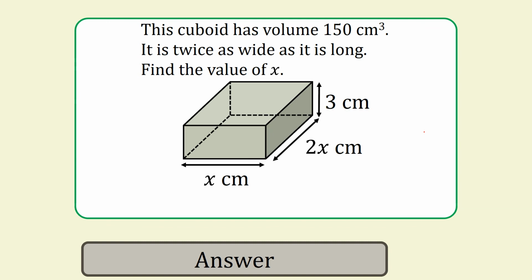So what do the two numbers on the bottom have to multiply to give you? So I've got 3 times one number that I don't know and another number that I don't know, to give me 150.